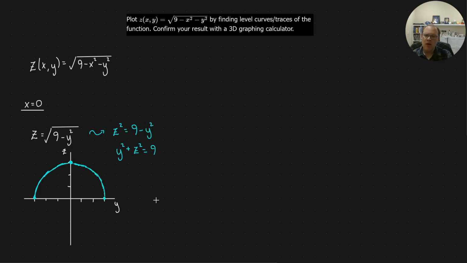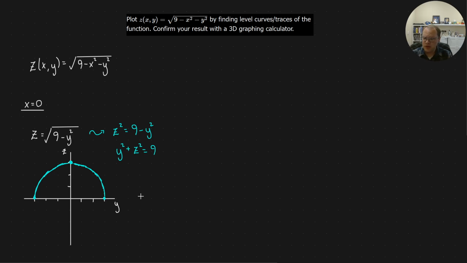Going from this step to this step, squaring stuff, we lose the sign information. And so if we just go with this, we say, oh, we got a full circle. Really, we just have the top half of the circle because we're only letting z equal a positive number. If we wanted the bottom half, by the way, it'd be the exact same thing, just with that negative in front of the root. Then z could only equal a negative number, and we'd get the bottom half of a circle, all right?